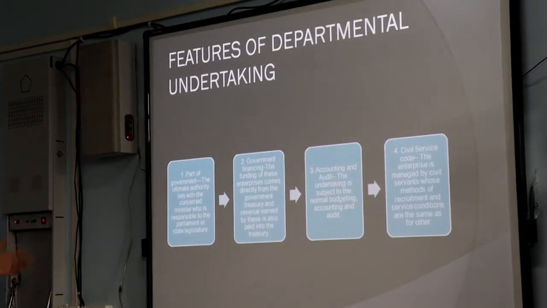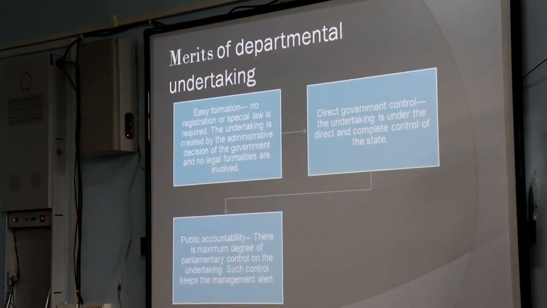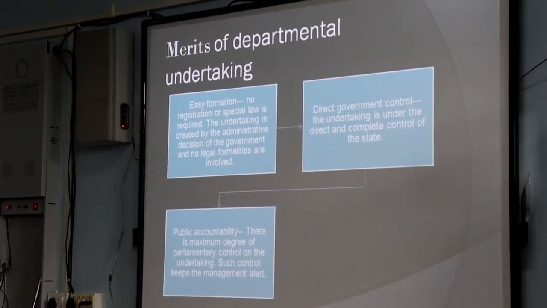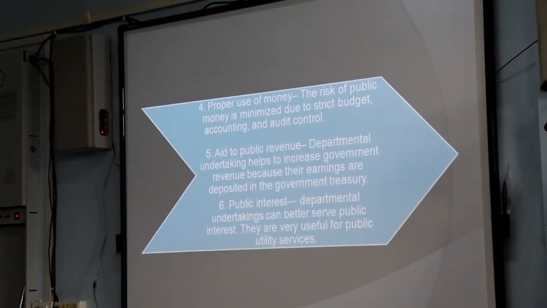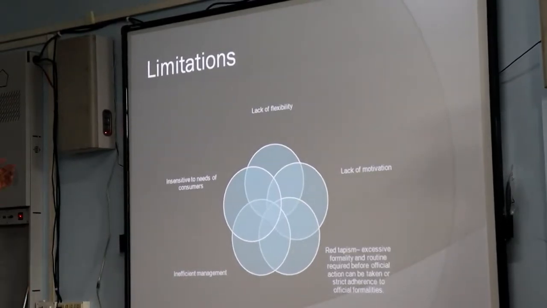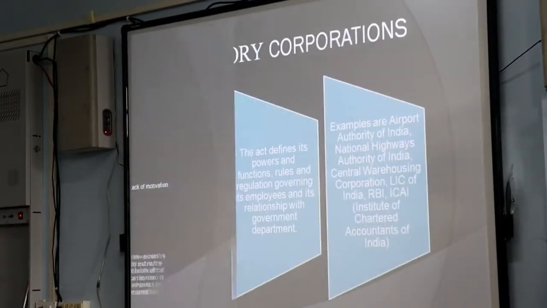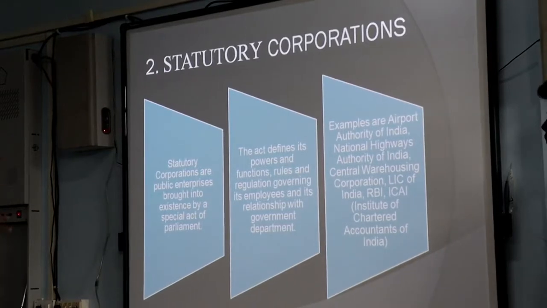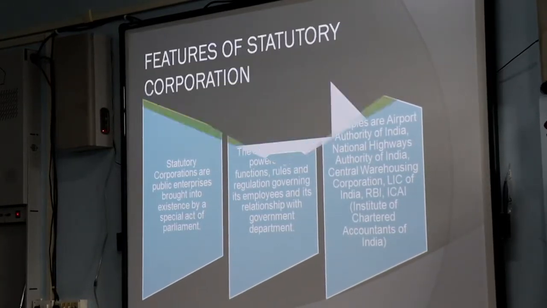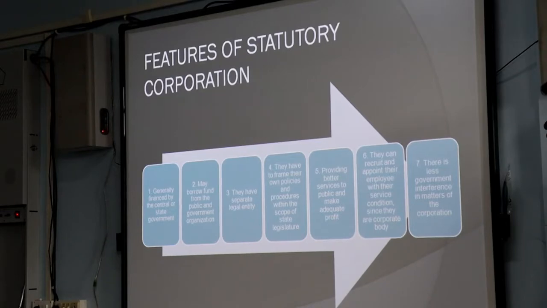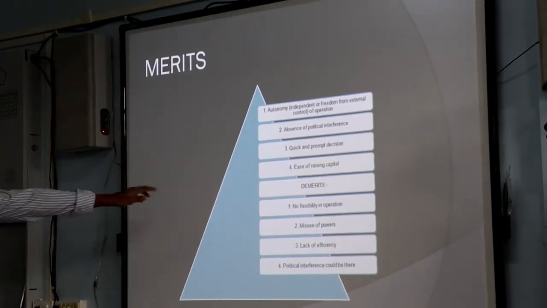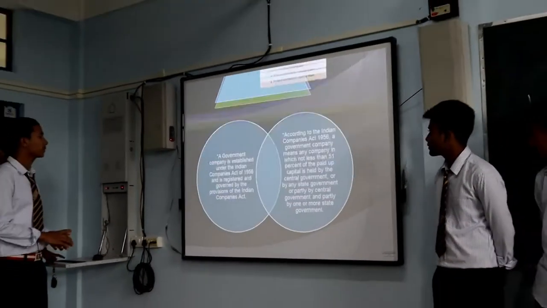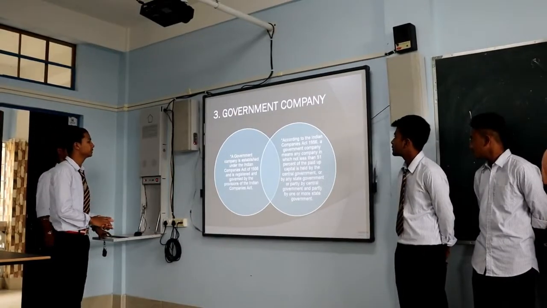These are features of departmental undertaking. These are merits, advantages. These are the limitations. These are statutory corporation. And this is the features of statutory corporation. These are the merits of statutory corporation, and here is also the demerits. These are government company.